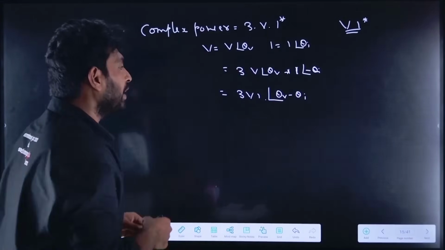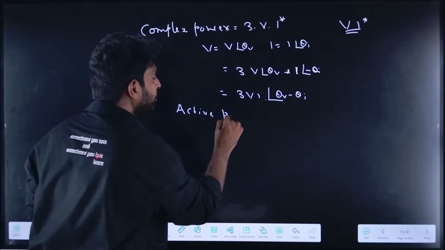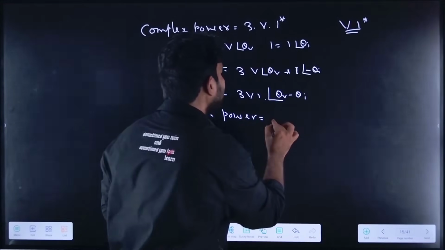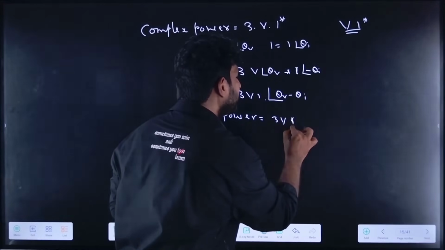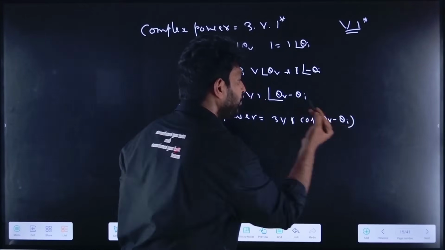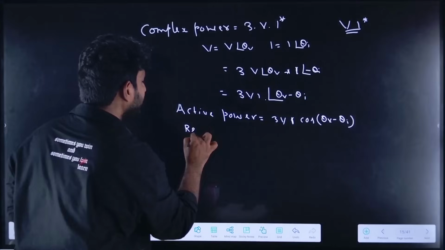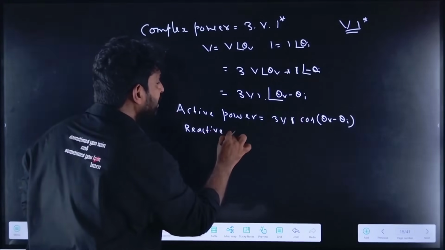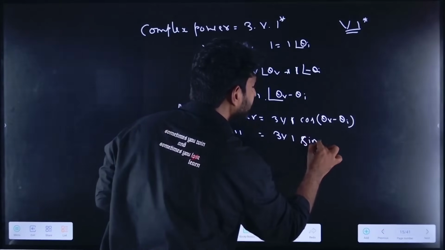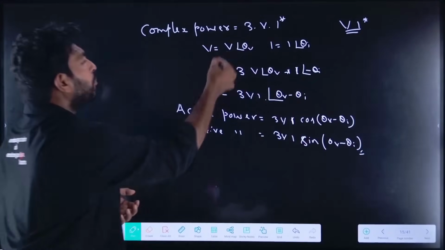From this, active power can be defined as 3 into VI cos of theta V minus theta I. Reactive power can be defined as 3 into VI sin of theta V minus theta I. So from the complex power we have done.